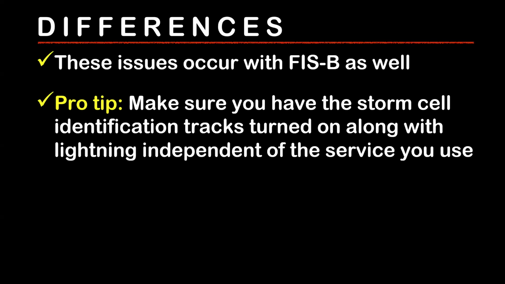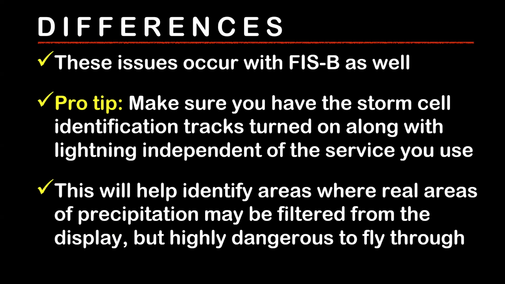Having those on together really will give you the idea that something else is there and I've got to pay attention to it, even if you don't see the returns that you would normally see if it hadn't been filtered. So again, this is really what you're trying to do the best you can at getting from point A to point B, but you're also going to have to contend with these issues that pop up from time to time.